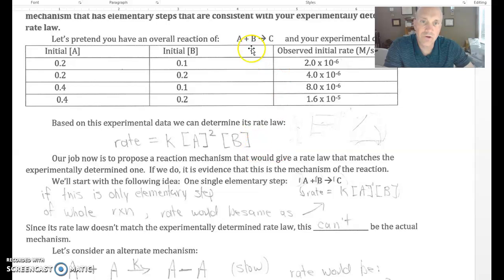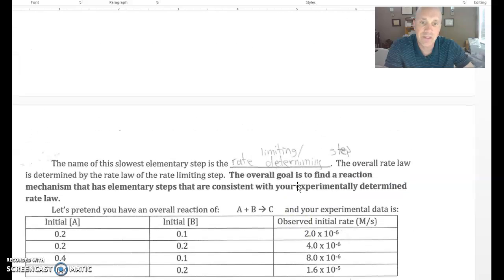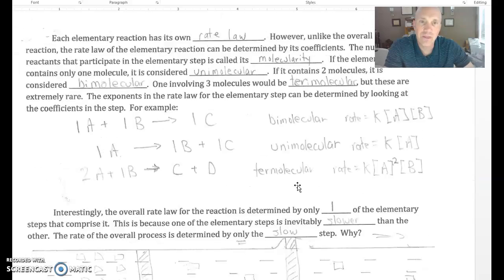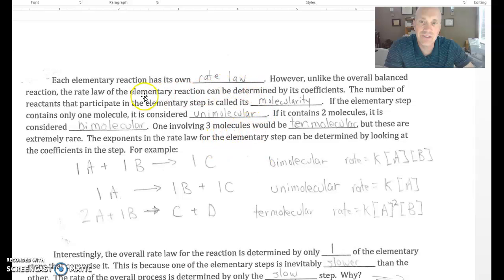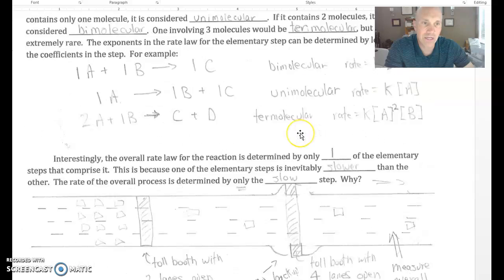So if you look at that overall reaction right here, the most obvious thing is to suggest one single elementary step. That would be if 1A collides directly with 1B to make 1C. Well, if this is the elementary step, remember one thing that we said is that with elementary steps, you can determine the rate law directly by looking at its coefficients.